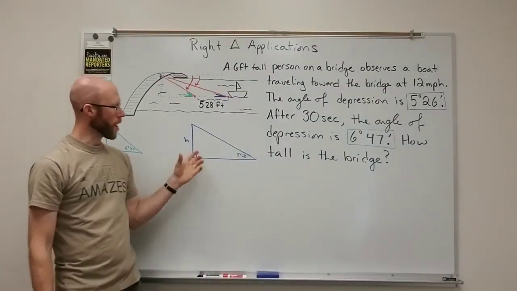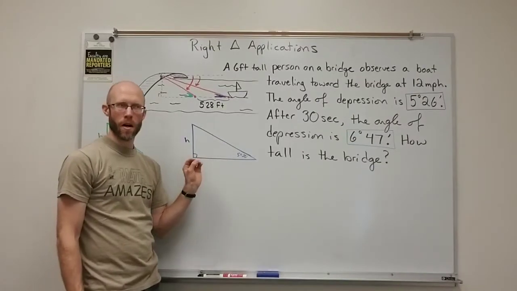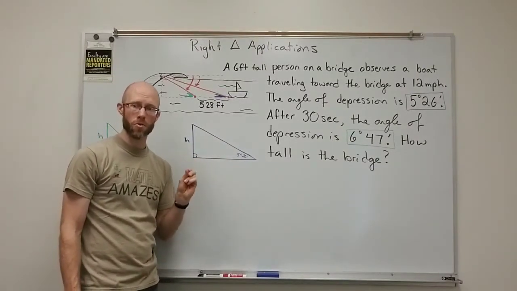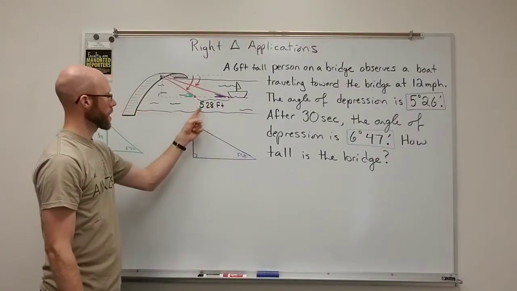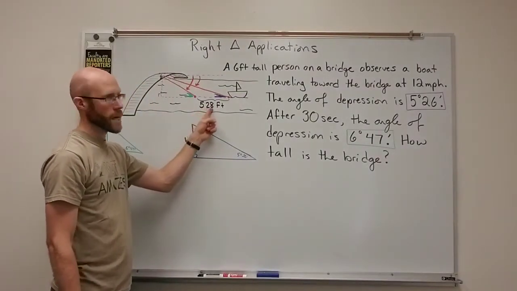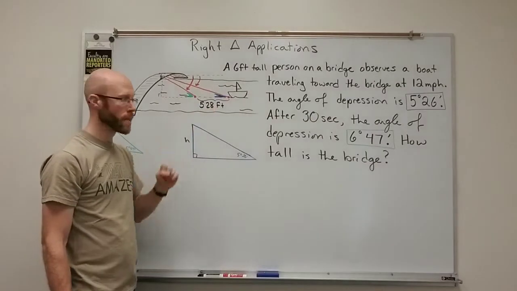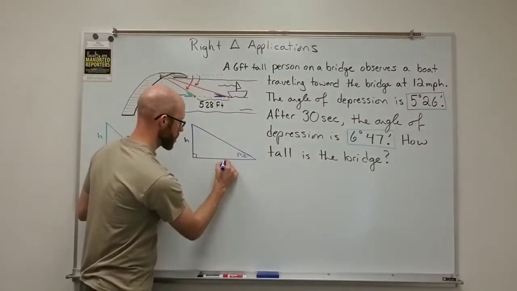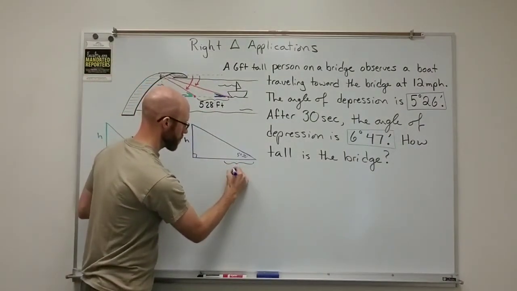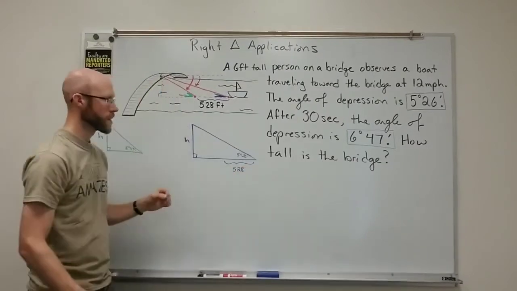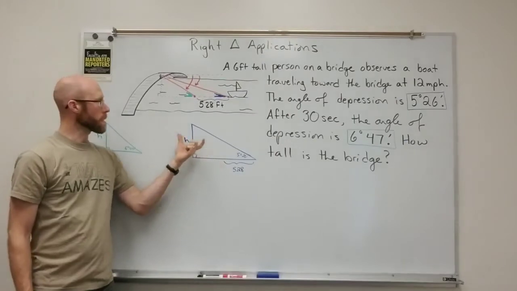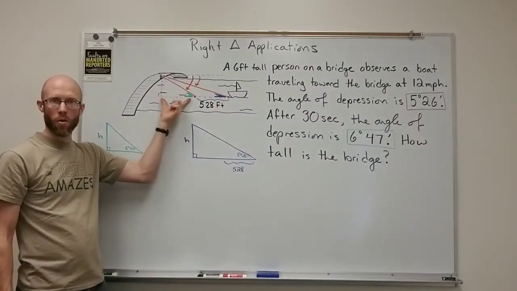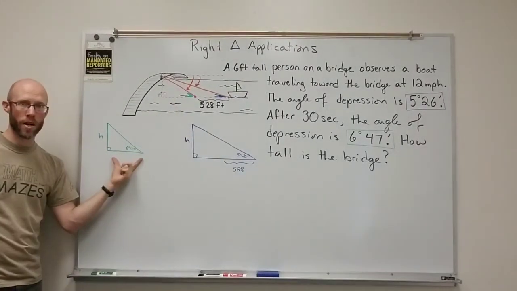Now again, I don't know any of the other sides precisely, but I do know something about this horizontal side, that it's got a 528 foot portion to it. Okay, so there's a portion here that is 528 feet. What I don't know is the remaining amount, but that remaining amount is the horizontal side on the smaller triangle.